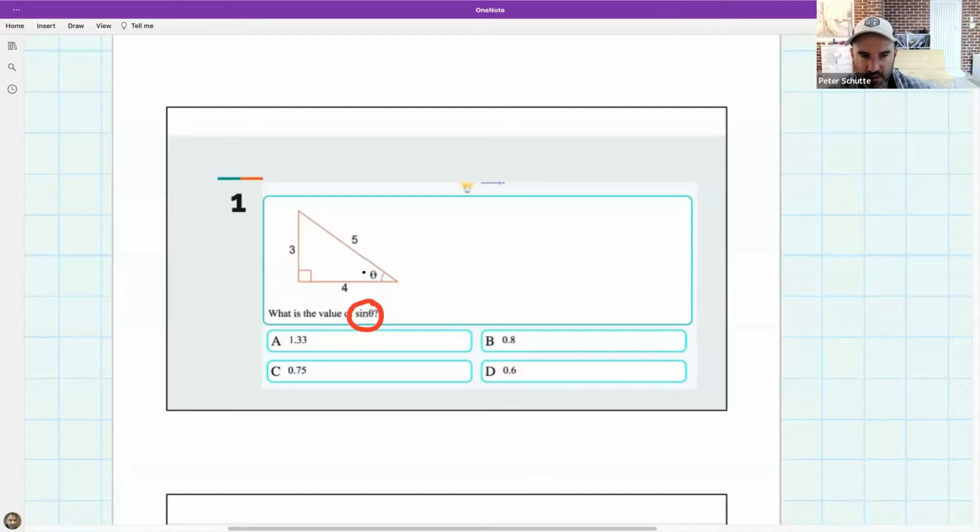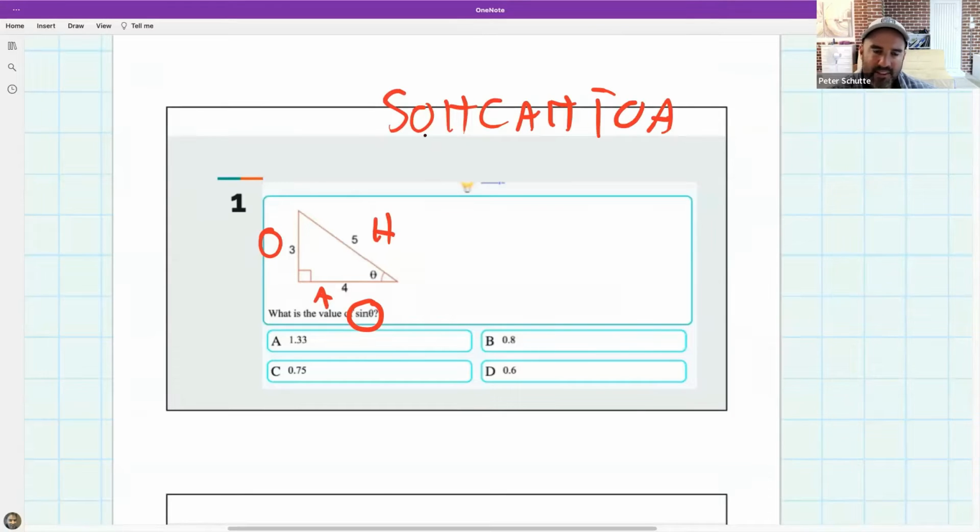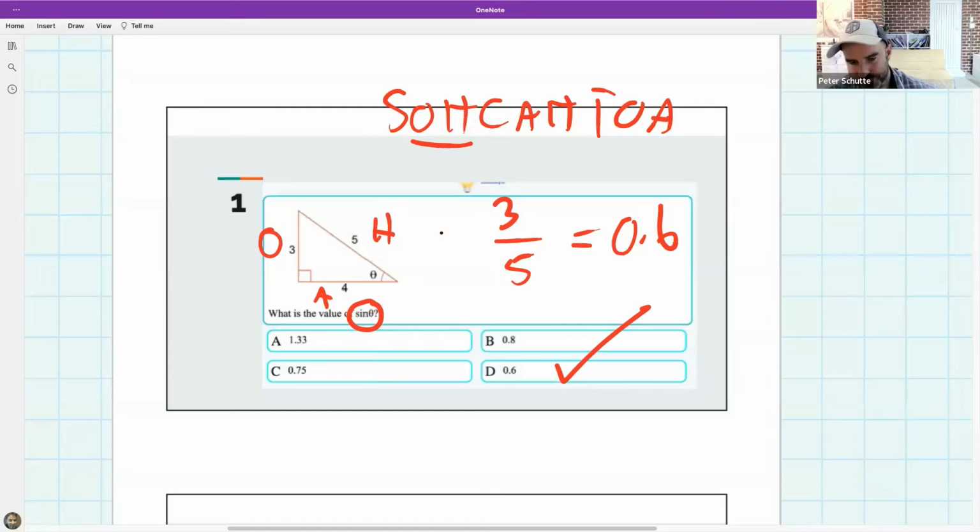This is my reference angle, and so this is O, that's H, that's A. And so we know from the SOH CAH TOA thing, the sine of a particular angle is going to be O over H, which is 3 over 5, which is 0.6, which is D. And so the internal scale factor for this is just going to be 3 over 5 or 0.6.